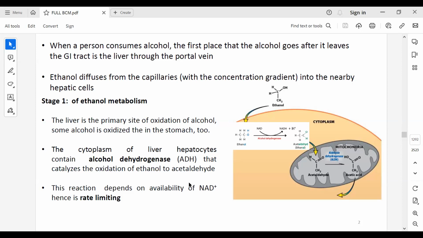So again, this alcohol dehydrogenase is the rate-limiting step, and it uses NAD. So the ethanol is being converted into an aldehyde, so it has to remove the hydrogen group and oxidize it.